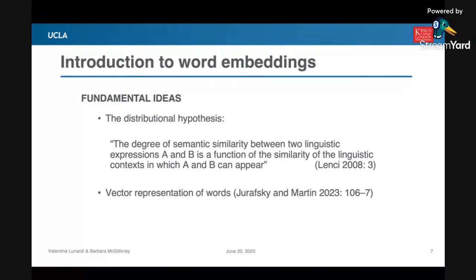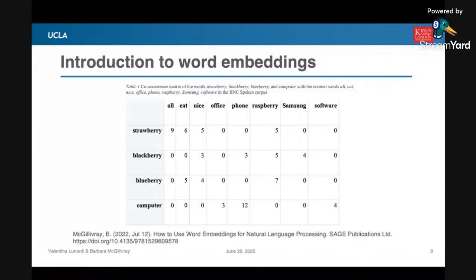But it had some success within corpus linguistics and computational linguistics. The distributional hypothesis essentially tells us that two words are as similar to each other as the contexts they're in. So that's one of the cornerstones. And the other idea behind word embeddings is that we can represent words as vectors. These two ideas put together, put simply, have given birth to word embeddings.